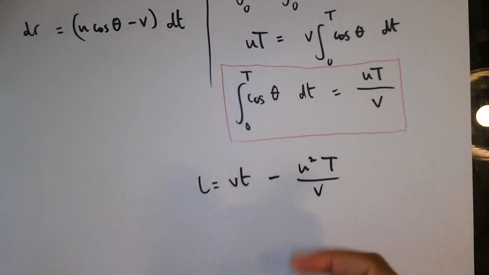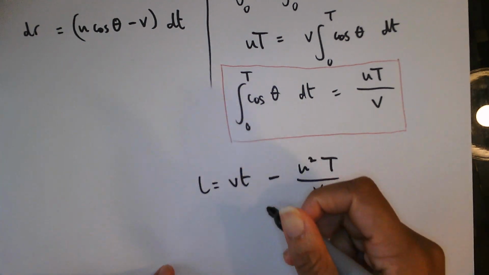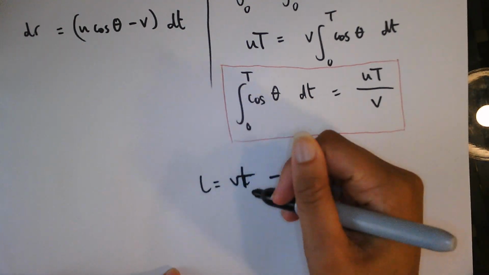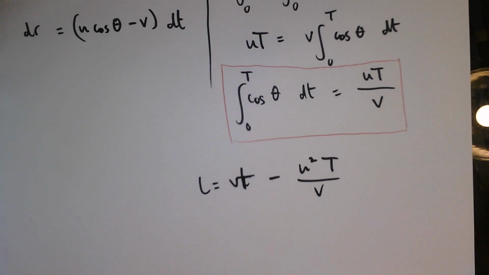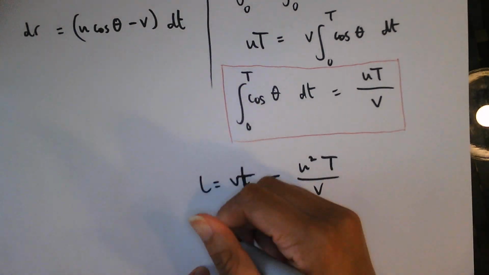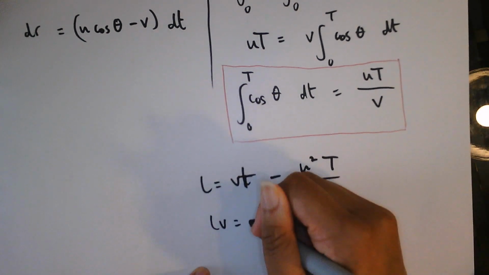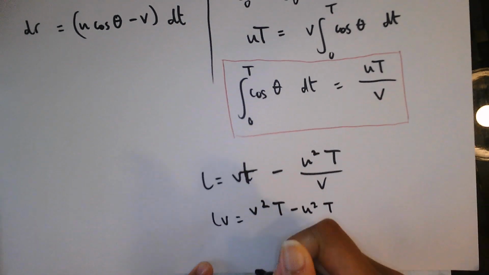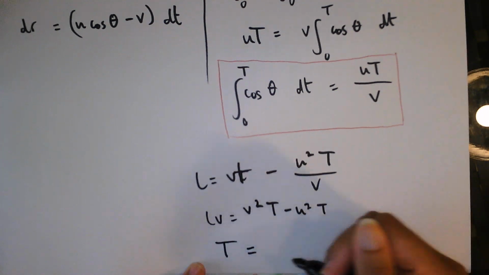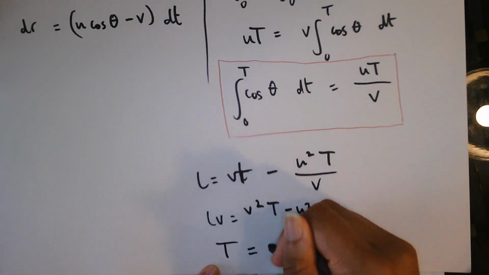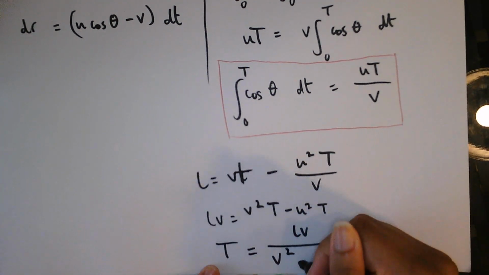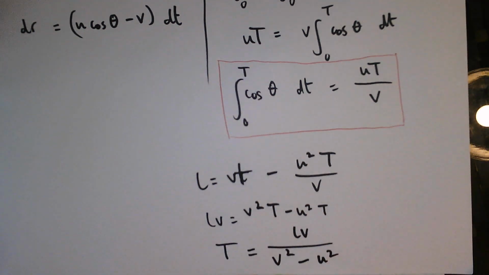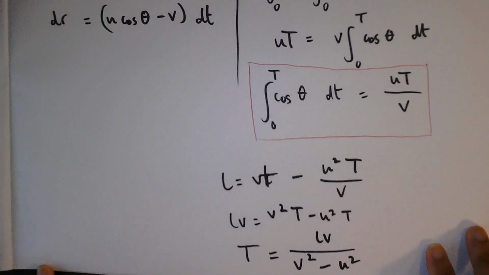Now we can rearrange this to get the value of T, capital T. So we have Lv equals v squared T minus u squared T. So T is equal to Lv over v squared minus u squared. Yeah, and that's the final answer.